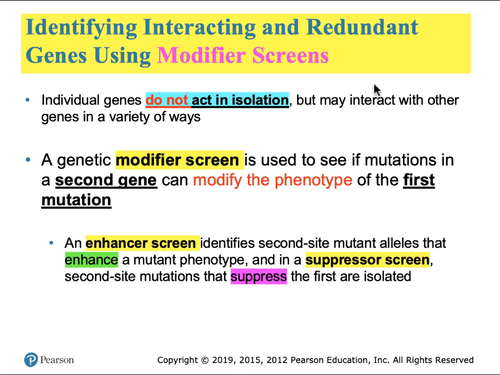There are two main possible types of outcome, a positive outcome and a negative outcome. In a positive outcome, the two genes are enhancing each other's effects, so they enhance the mutant phenotype. And in the second type, we have a suppressor screen, where the second mutation suppresses the first.